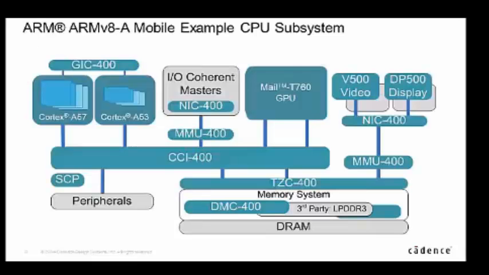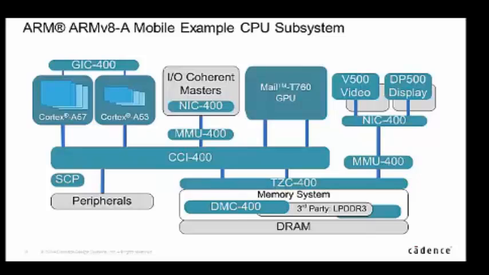So here we've got a not untypical CPU subsystem diagram. Obviously there are some simplifications in these diagrams that aren't shown, quite substantial ones. The key thing is that in this example, a mobile application, ARM's CCI, cache coherent interconnect, is designed for mobile, so lower power applications.